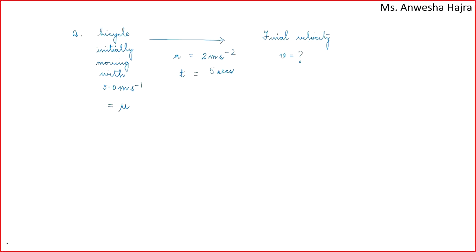Now acceleration, as I told you, is change in velocity divided by time. So it is final velocity v minus initial velocity u divided by time. This is acceleration.